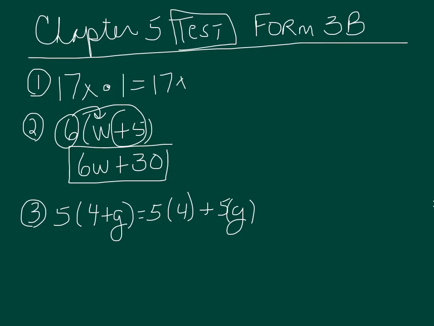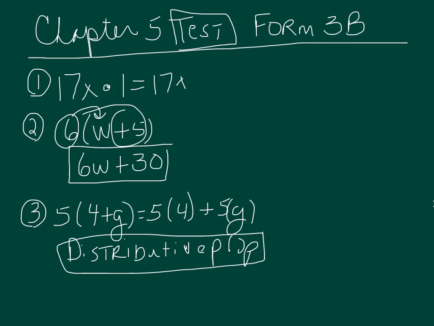And it is the distributive property. We've been talking a lot about the distributive property, and it should have been pretty easy because it's open book, open note, the spirals for the test.